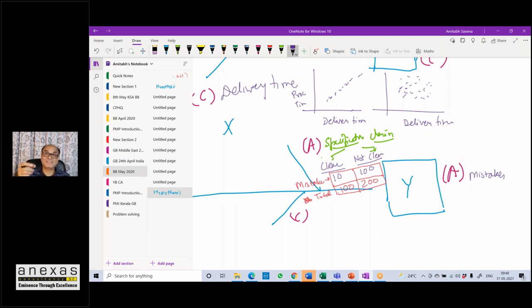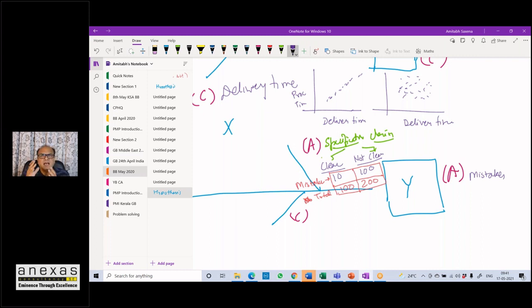If our specifications are clear, I commit fewer mistakes and I should work on reducing the non-clarity or increase the clarity of the specifications. So this becomes my root cause in this case, or in another case, it is not the root cause.